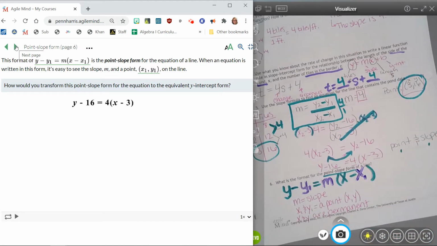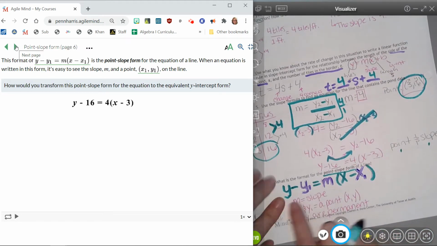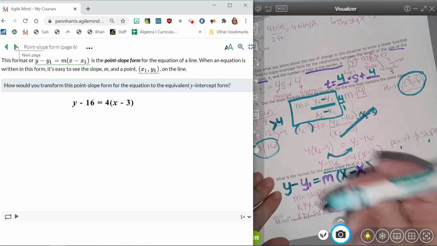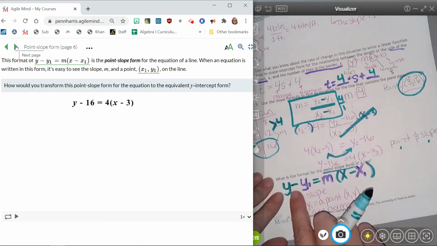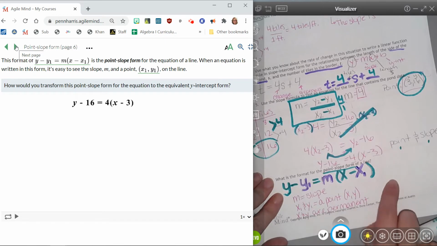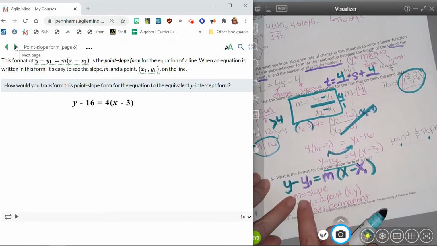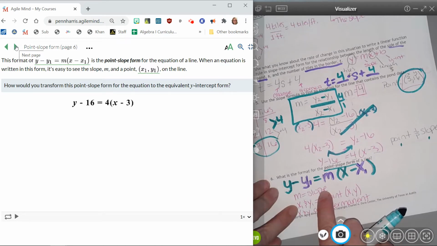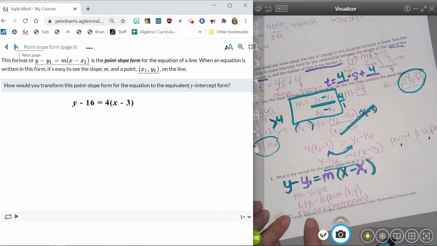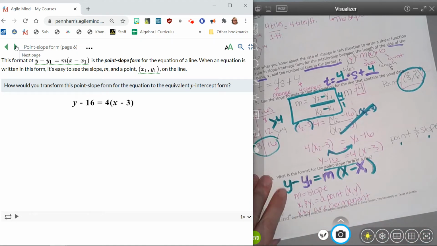So again, guys, what's in this greenish teal color is permanent in the problem. Anything that I have on this page in purple gets replaced by a number. The m gets replaced by the slope. The x1 and y1 are replaced by the numbers in a point. The regular x and y are permanent in the problem.